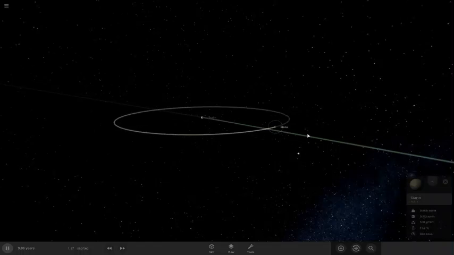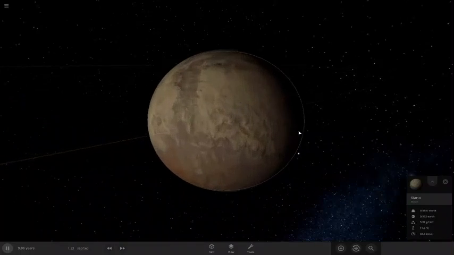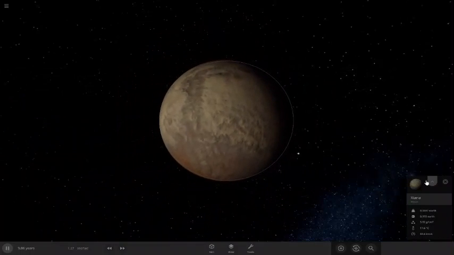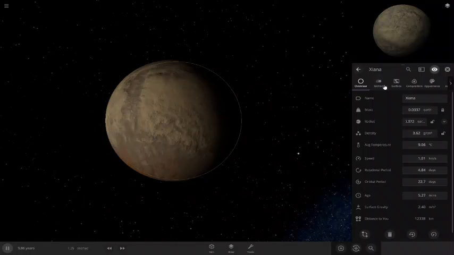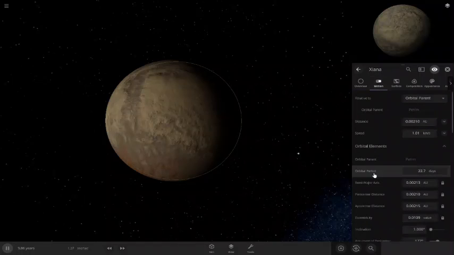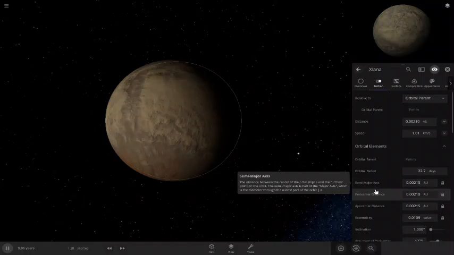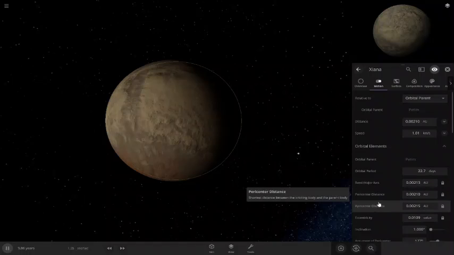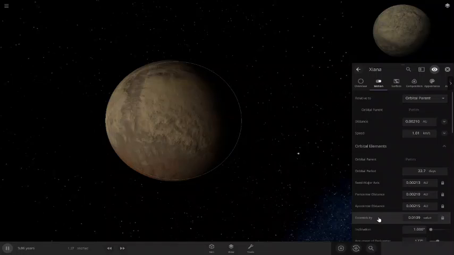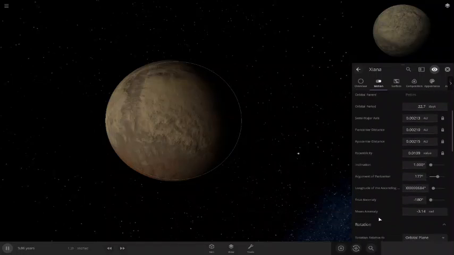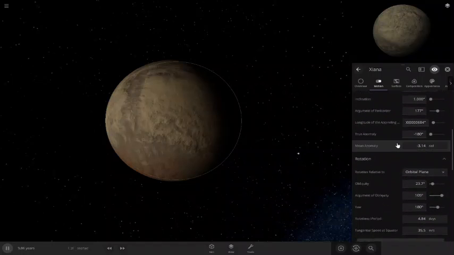And we have a moon similar to the Earth's moon. The moon has an inclination of 1 degree, so it's fairly close to the orbital plane. It has an eccentricity of 0.01, and it's got an orbit of 50 Earth radii, so it is relatively close to the planet.